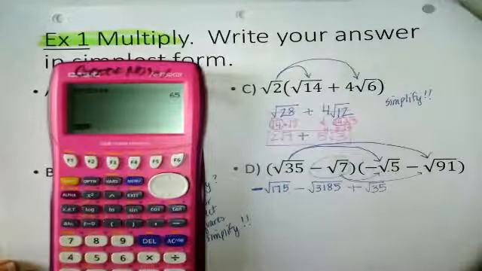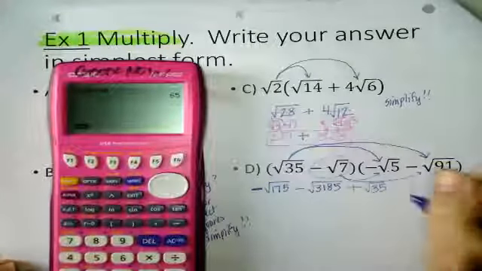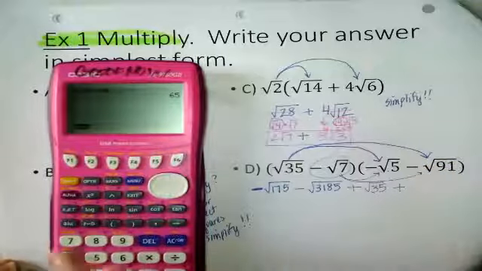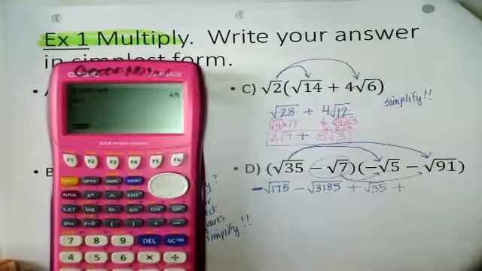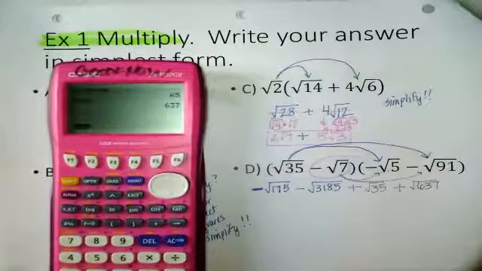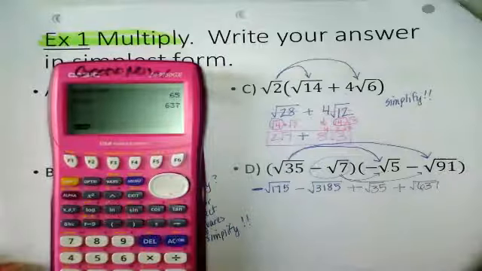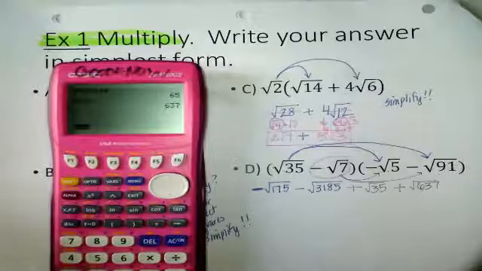And then negative radical 7 times negative radical 91 becomes positive, and again, 7 times 91, radical 637. Again, keep your calculator handy. Now, these are definitely large numbers that have to be simplified. So we're going to do that.